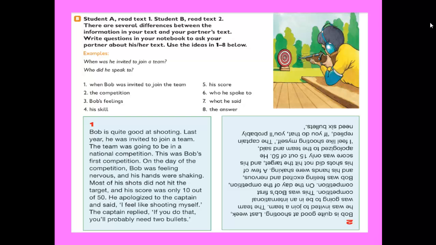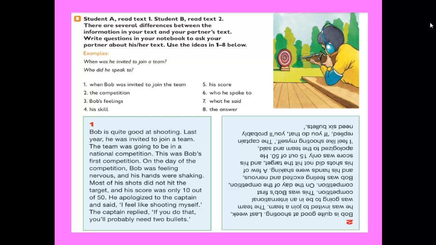Now let's read the first text. Bob is quite good at shooting. Last year, he was invited to join a team. The team was going to be in a national competition. This was Bob's first competition. On the day of the competition, Bob was feeling nervous and his hands were shaking.